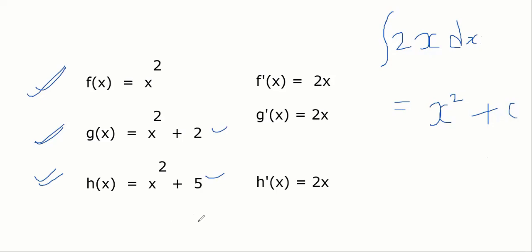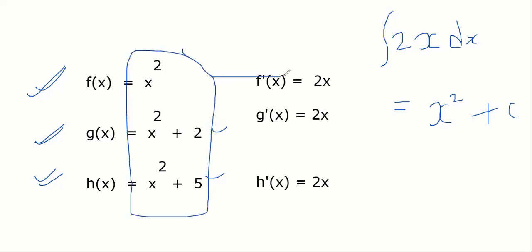That is the meaning. That is why when you do integration, we add plus c, because all those family of functions correspond to the same differentiation. When you differentiate, it's only 2x, correct?